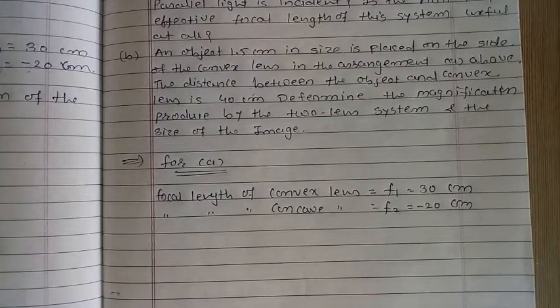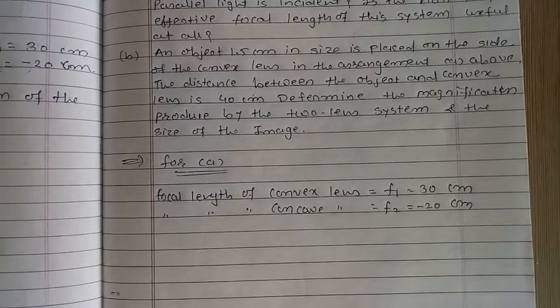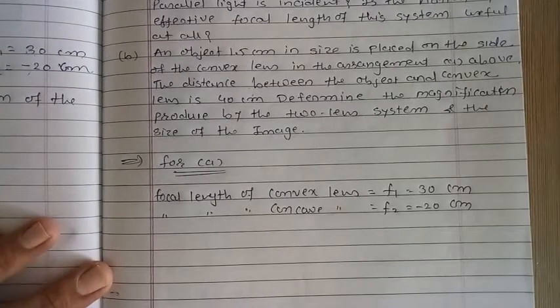But here we assume that parallel rays are incident on the first lens in the absence of the second lens, right? So we assume that in our first case the parallel rays are incident on the convex lens, right?